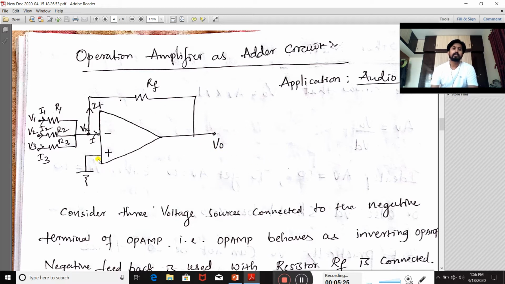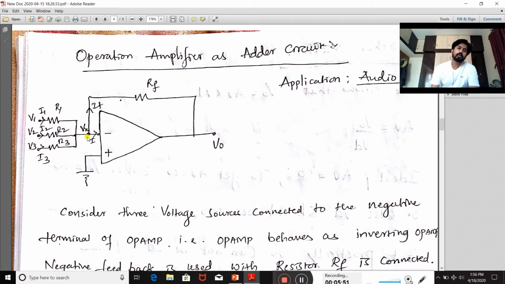Let's use this equation to get the output voltage. Before that, here the non-inverting terminal is connected to ground potential. Ground potential is nothing but 0 potential. As we know the virtual ground concept, because of that this Vx also becomes 0. So this terminal is 0 as well as Vx also becomes 0.